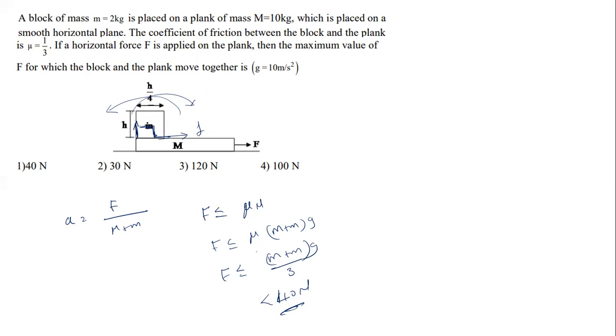So for no toppling, what minimum force should it be? F is less than or equal to (m plus M) by 4 into g. If we substitute, you will get less than 30 newtons.